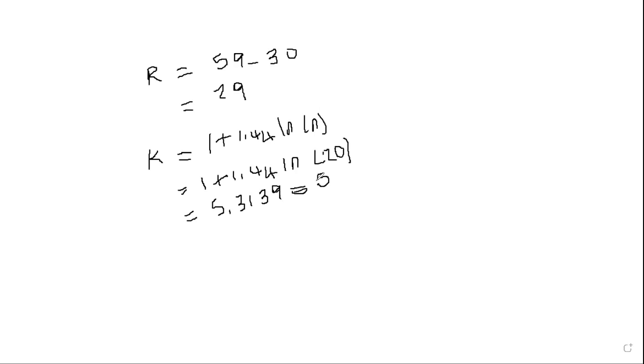So in step number 3, we're determining the class width. Not the number of classes, the number of classes is this one. The class width or the class size is determined by the formula R divided by K. We already have the value of R, we already have the value of K. All you have to do is just substitute.